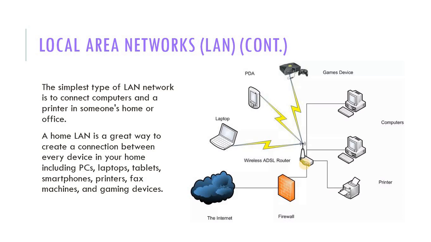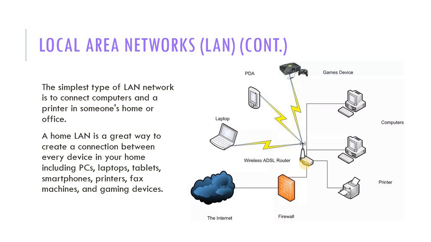You can imagine this network like this: suppose you have a Wi-Fi connection at your home, and all your phones are connected with that Wi-Fi. Also your laptop is connected with the Wi-Fi. Also your PC is connected with the Wi-Fi. Suppose you have a printer at your home, that is also connected to the Wi-Fi. Suppose you have a gaming device, that is also connected with the Wi-Fi.